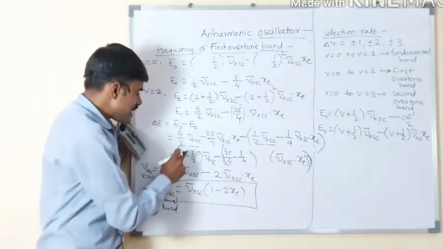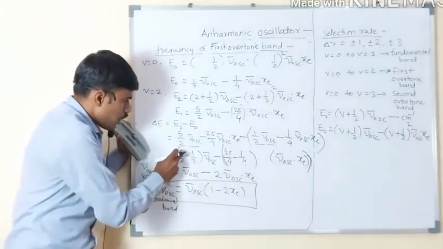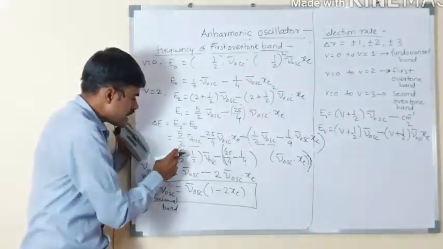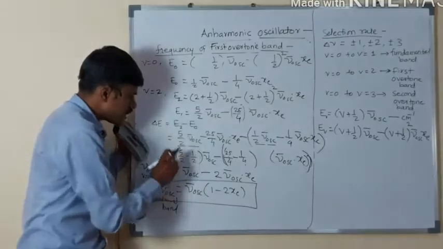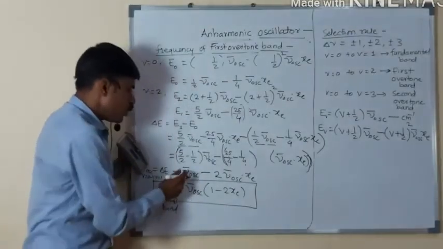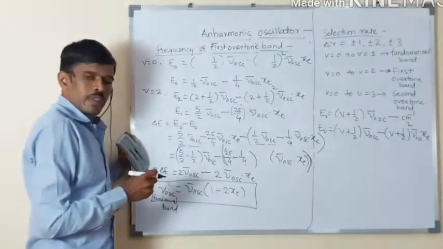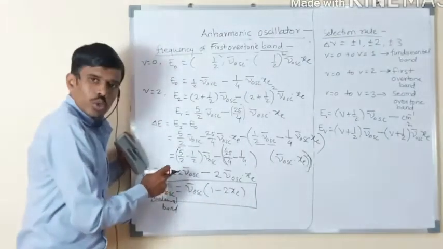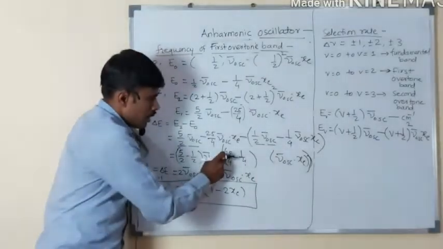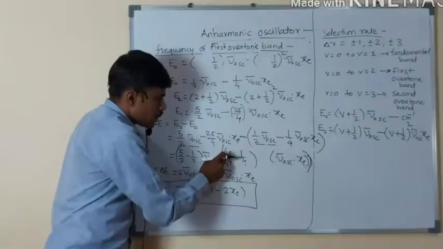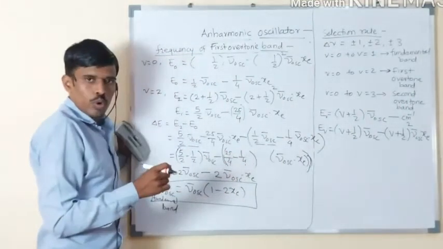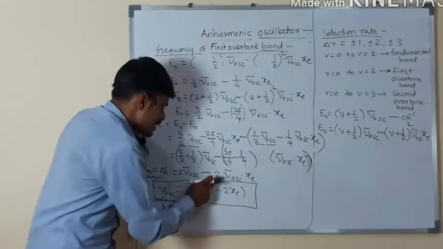After solving, because the denominator is common, the numerator is 5 minus 1, which is 4, and 4 by 2 is 2. So this is 2 ν̄ of oscillation minus, for this term, 25 minus 1, that is 24, divided by 4 is 6.